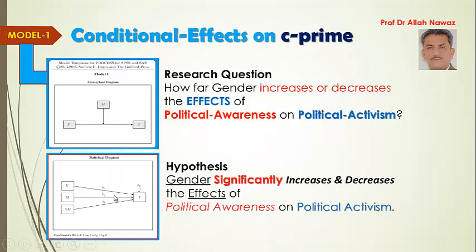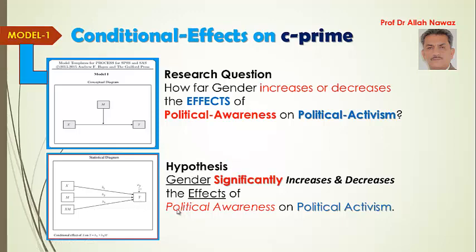The statistical model of this Model-1 is like this. Here you can see that X and M, an interaction term, have been used to predict how far the moderator is bringing change in the test variable, or Y variable.